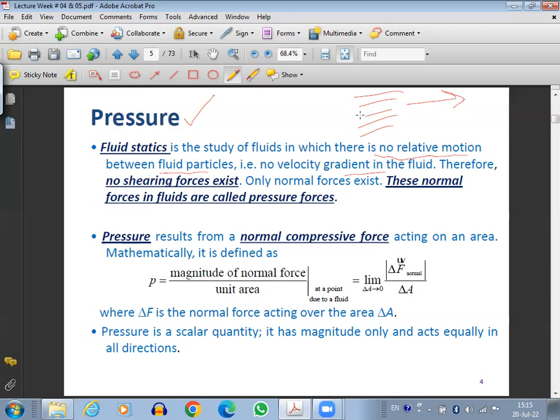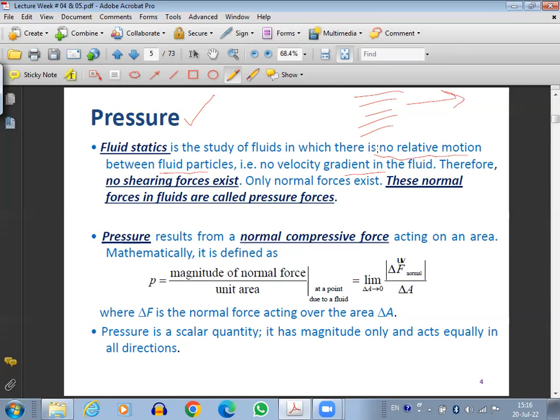When the layers rub against each other, there will be shearing forces. But if there is no relative motion, there won't be any shearing forces. So in fluid statics, shearing forces will not be there.